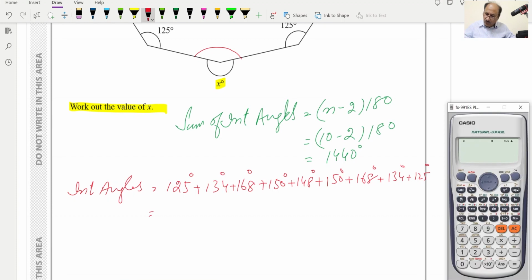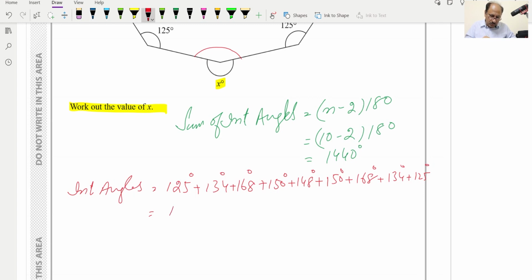This will be 125 plus 134 plus 168 plus 150 plus 148 plus 150 plus 168 plus 134 plus 125 is equal to 1302. So 1302 degrees.